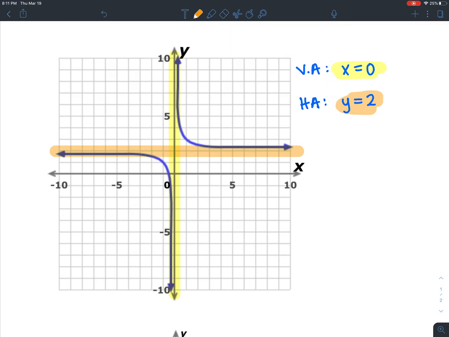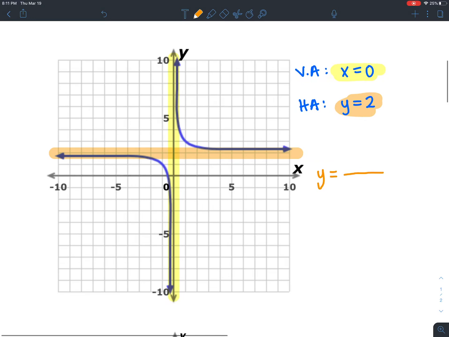In this class, you're not going to have to figure out what a is. We just need to be able to write the asymptotes, so y equals, my denominator would just be x because h is 0, and k would be 2, so plus 2. And we don't know what the numerator is, so I'm just going to leave it as a question mark.